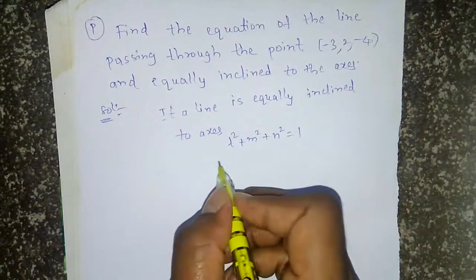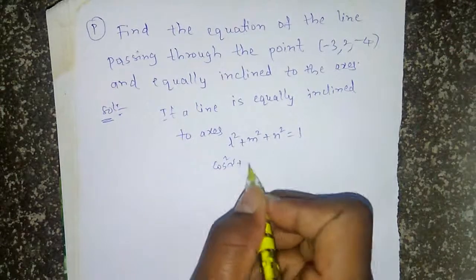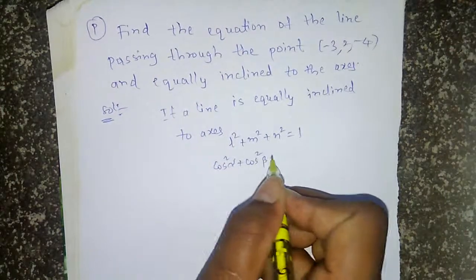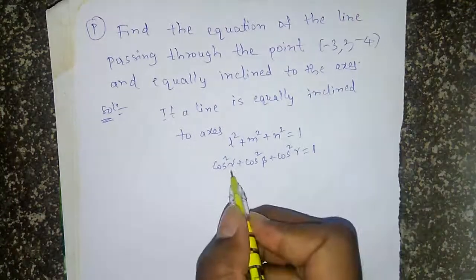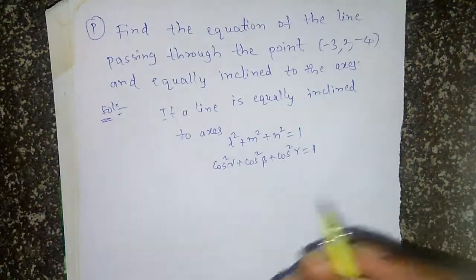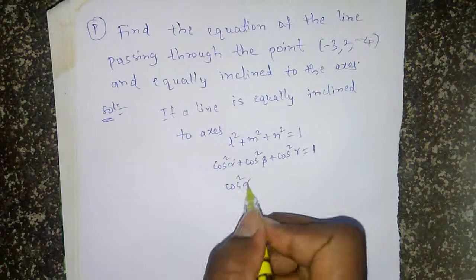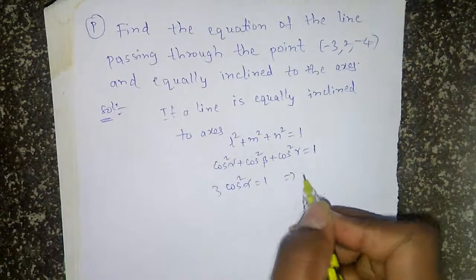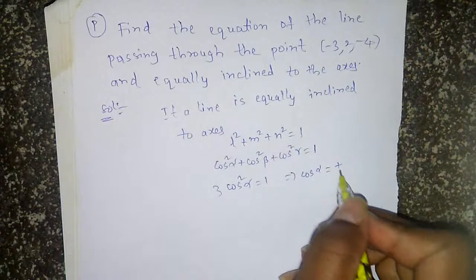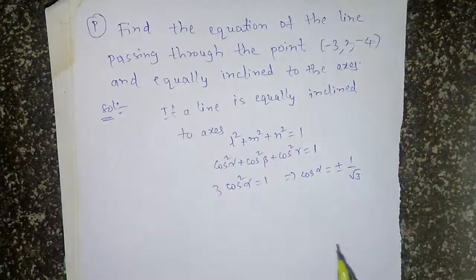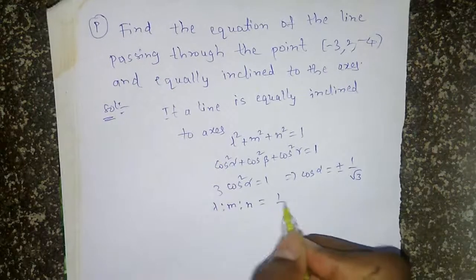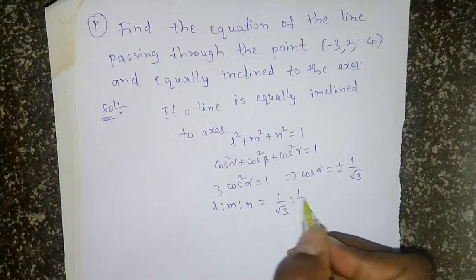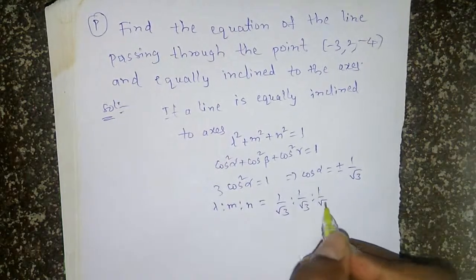Equally inclined means cos square alpha plus cos square beta plus cos square gamma equals 1, so we know this, these are direction cosines. Alpha, beta, gamma are equally inclined means 3 cos square alpha is equal to 1, cos alpha is equal to plus or minus 1 by root 3. So DC's ratio is l is to m is to n is equal to 1 by root 3 is to 1 by root 3 is to 1 by root 3.